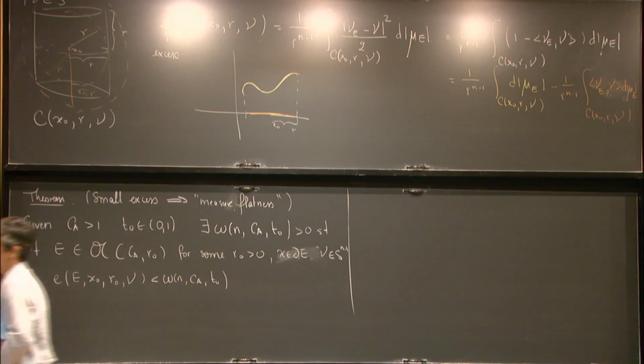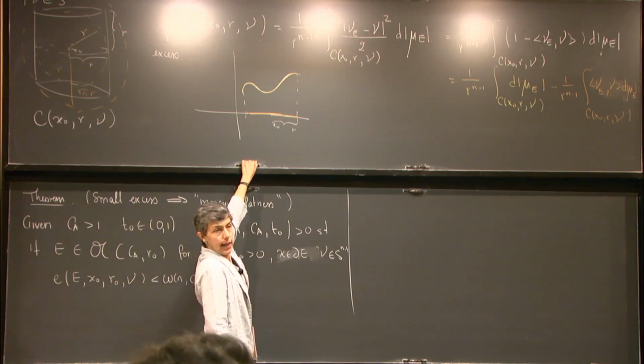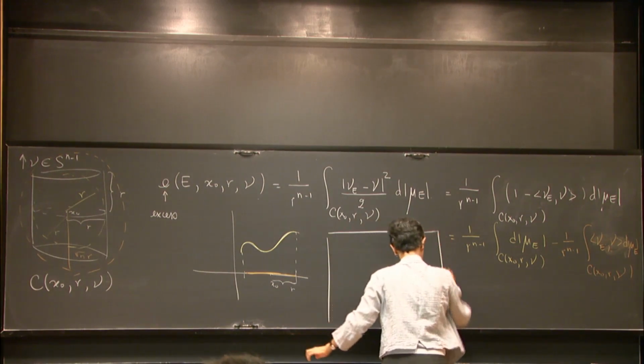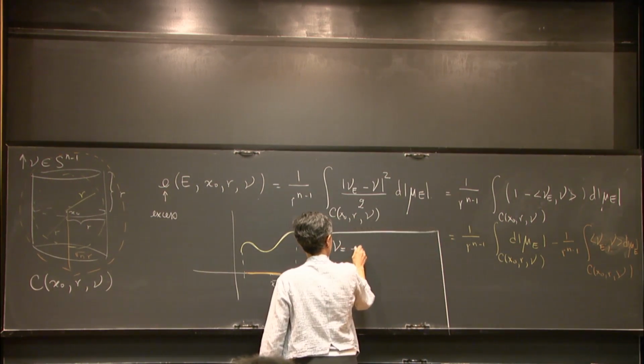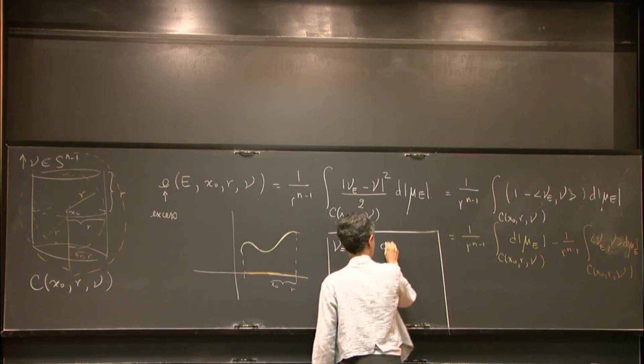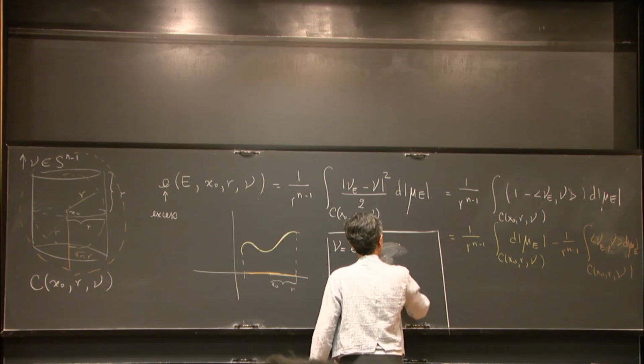Let's do, to simplify life, so I don't have to introduce so much notation, something starting now. From now on, in this box, nu is e sub n. x0 is going to be 0.